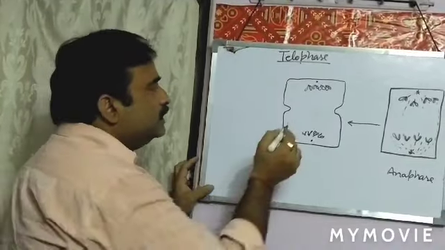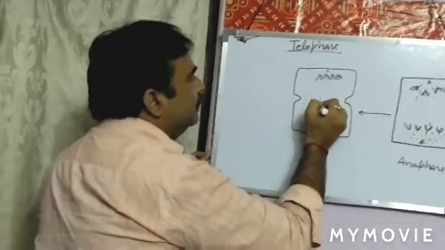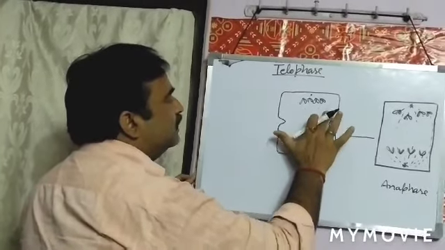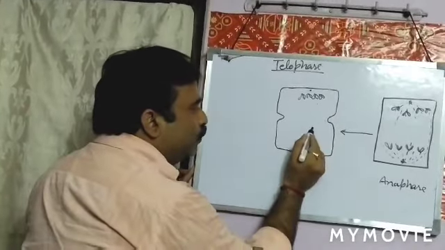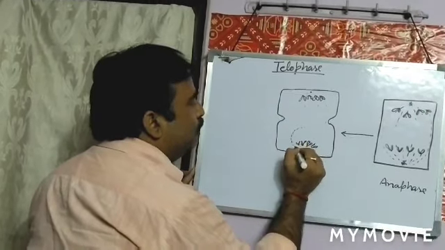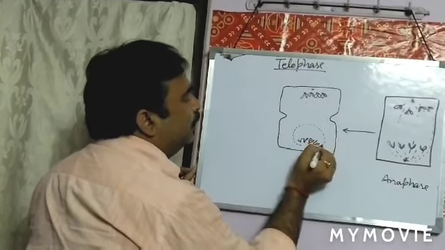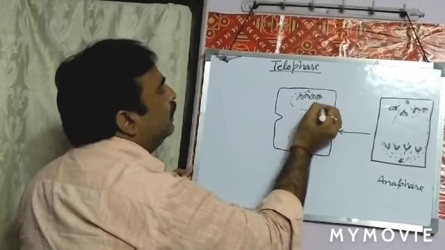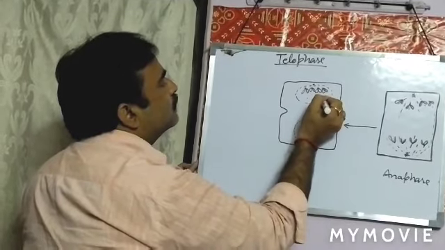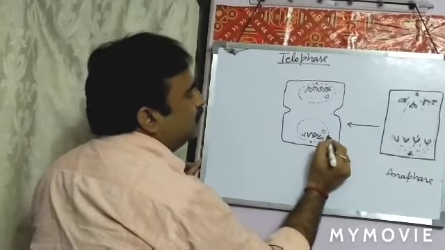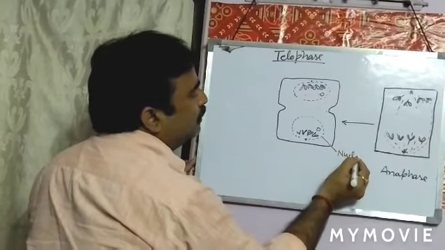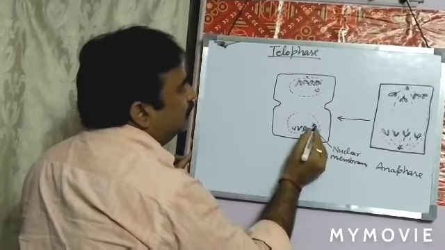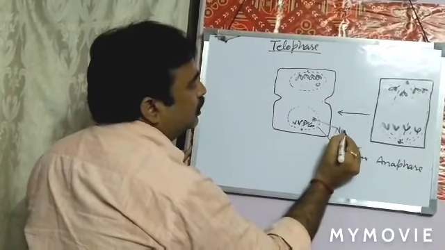Next, the spindle fibers present between these start disappearing, and the nuclear membrane and the nucleolus start appearing. So what starts appearing? Nuclear membrane and nucleolus. This is the nuclear membrane, and this one is the nucleolus.